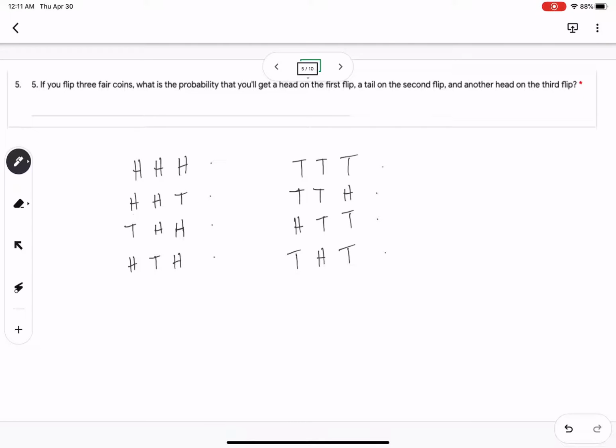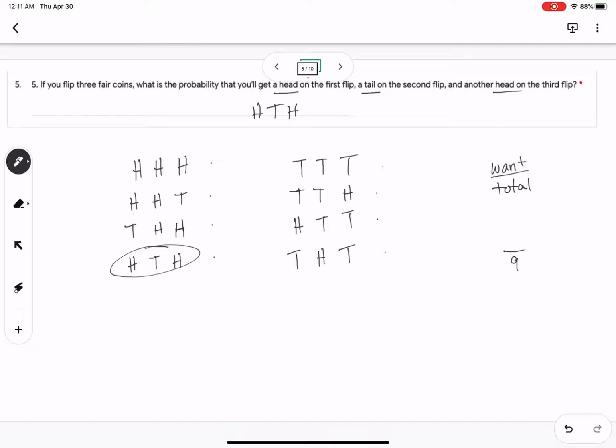So again, that formula is always want to find probability over total. So our total here, total different possibilities, total different options, is 9. Now, it specifically wants a head on the first flip, a tail on the second flip, and a head on the third flip. So out of these 8 options, how many have head, tail, head?